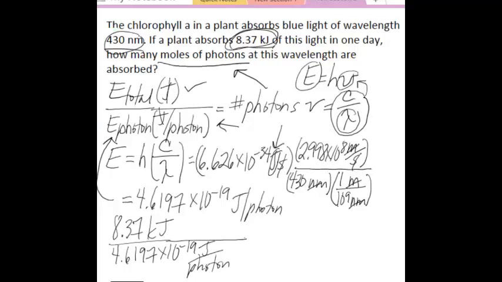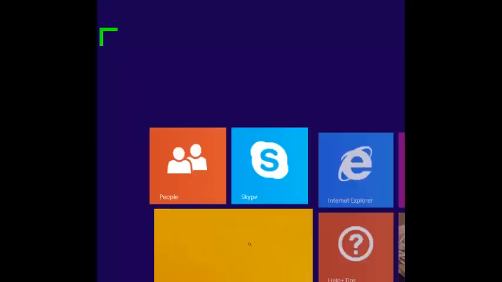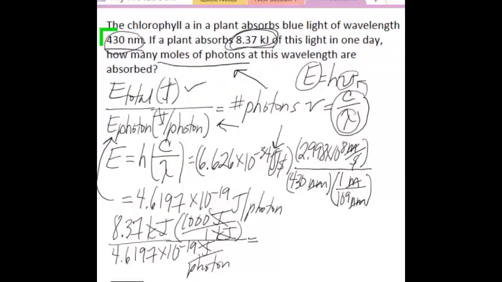We want the units of energy to cancel out, but we can't do that right now because we have kilojoules and joules. So I'm going to convert kilojoules to joules by saying that there are 1,000 joules in 1 kilojoule. So now kilojoules will cancel, joules will cancel, and we're left with photons.